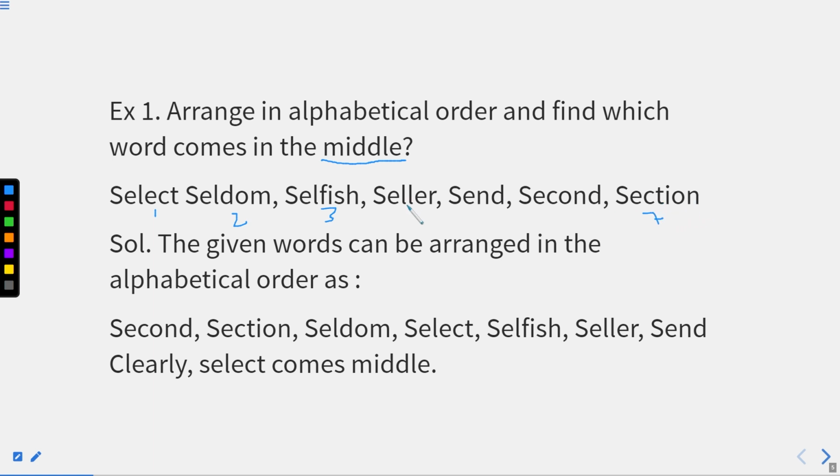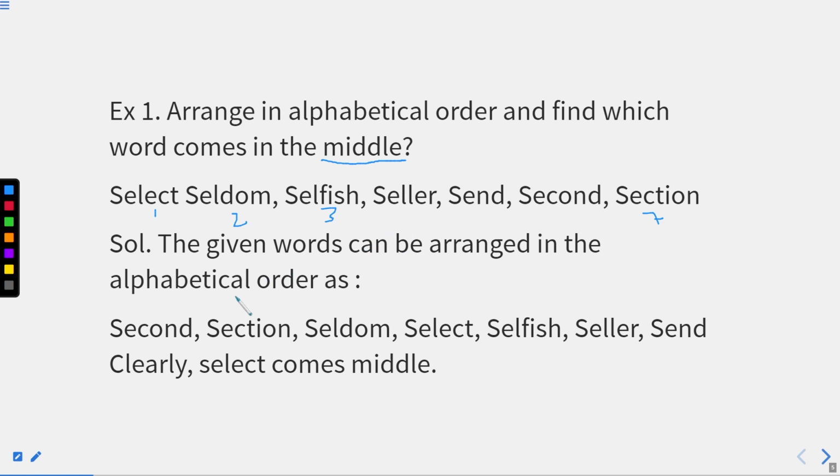So here is the difference, and with the help of the difference, we are able to figure it out. The alphabet having an earlier place value will appear first, and the one having a place value after that will appear second.